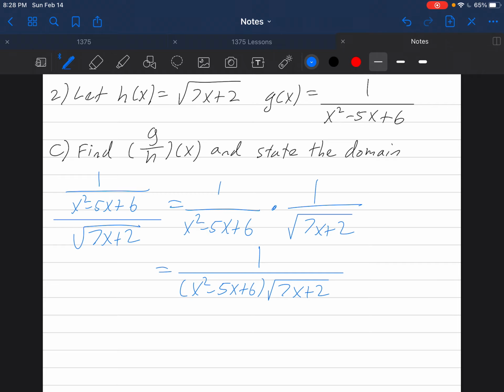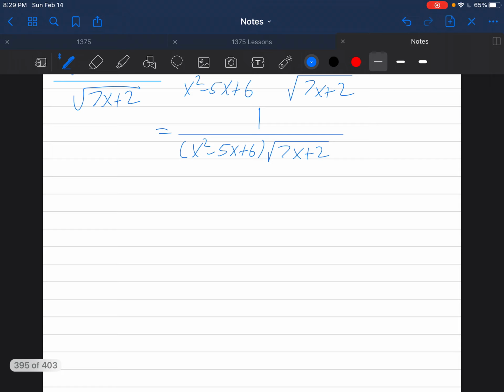So a similar looking function, but all this stuff now is in the denominator. So remember, our radical function had a domain of x is greater than or equal to negative 2 over 7, right? All values greater than or equal to negative 2 over 7.